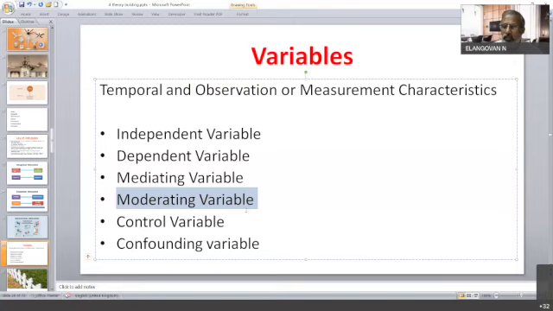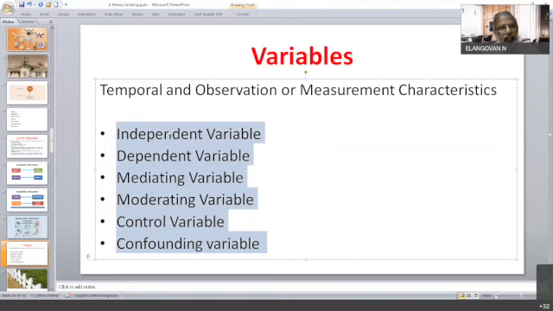variables are called by different names depending on the use of that variable in the theory. Inside the theory, how this variable is being used will determine what that variable is. So I am talking in the context of the theory. In a theory, this variable will be an independent variable, but the same variable can be a dependent variable in another theory.